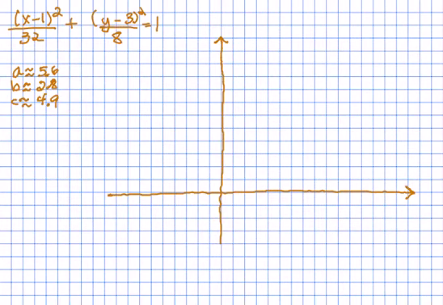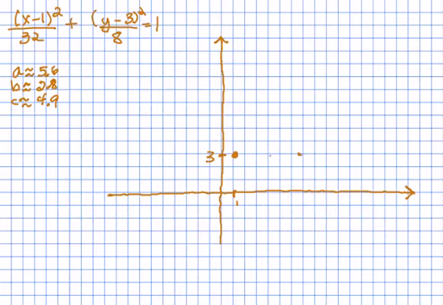So now we're ready to sketch a graph of our ellipse. I'm going to start with the center, which we identified previously to have the coordinates 1, 3. So that's going to be about right there, 1, 3. And then to get to the endpoints of our major axis, we're going to go square root of 32 in each direction. Square root of 32 is about 5.6. So 1, 2, 3, 4, 5. 5.6, maybe about here.